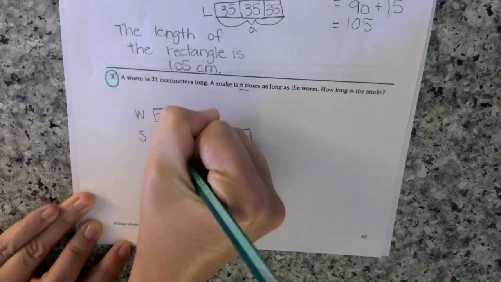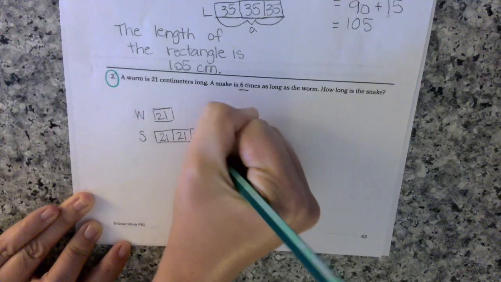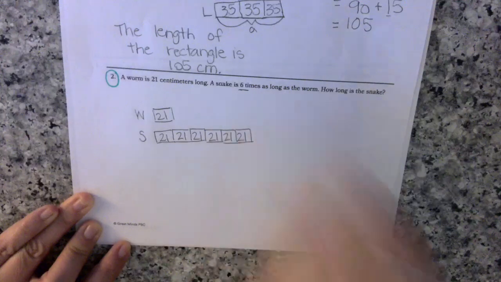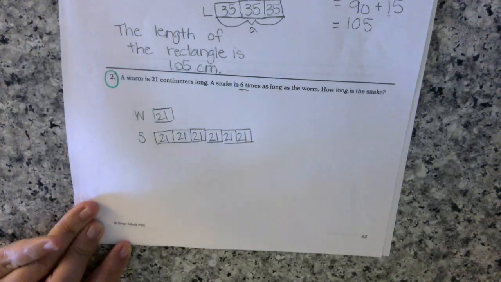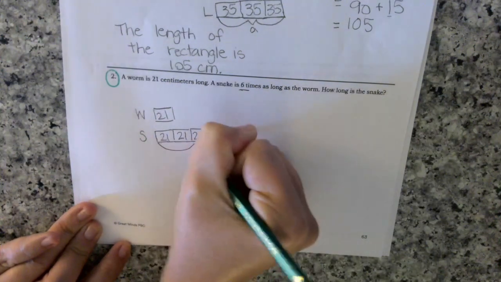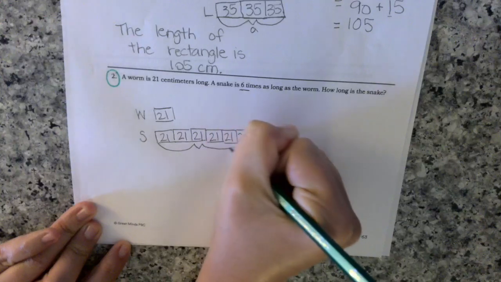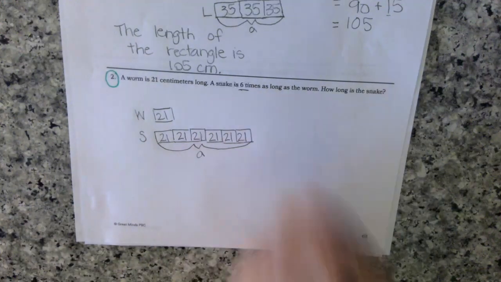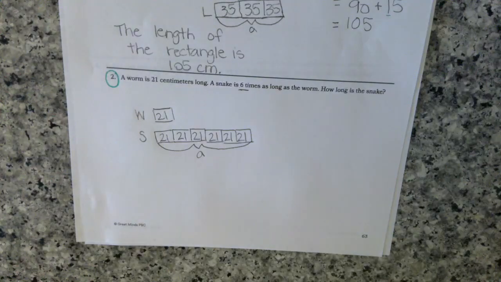And I know each one of those would be 21. And it wants to know how long is the snake. So my missing part is the total of the snake. I'm going to represent that with A, because that's the part that's going to be my answer.